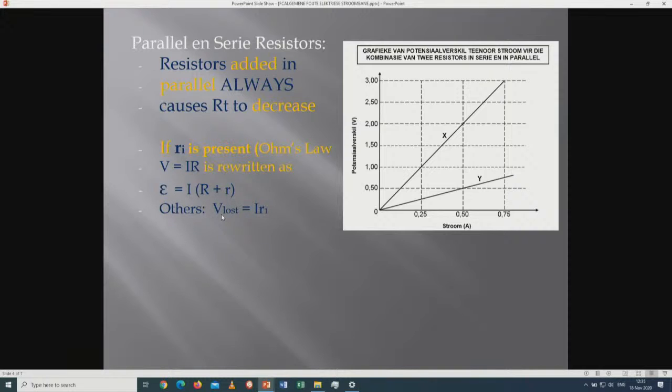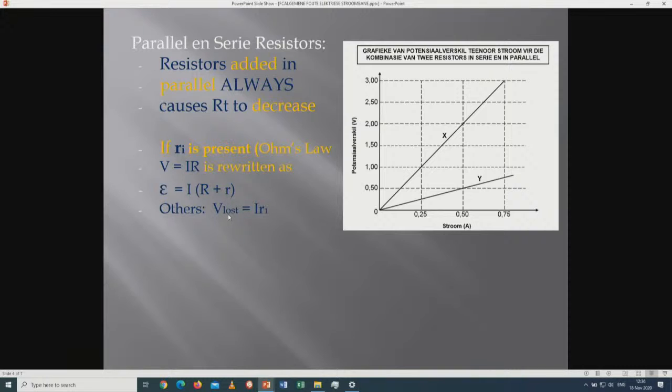Now, another formula that is derived from this formula including internal resistance is that I times internal resistance is called V_I or V lost. I just like the word lost.